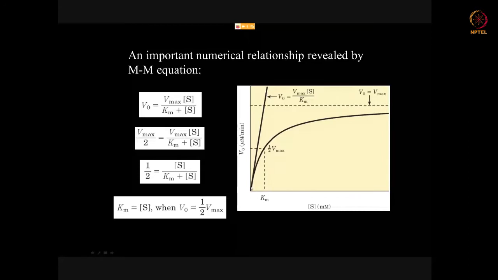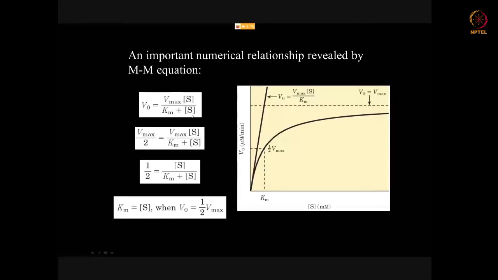So let us look at the early phase. In the early phase, your substrate concentration is extremely low, like if you take this portion, and therefore Km is probably a lot greater than substrate, and compared to the Km value, S may be ignored. And if you are going to ignore S, then this equation becomes like this. So these two are going to be constants.